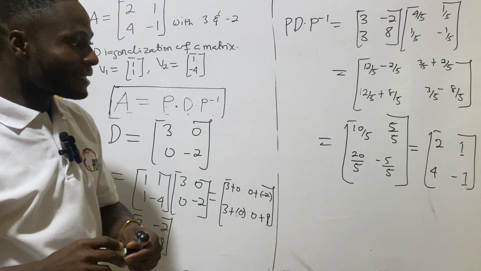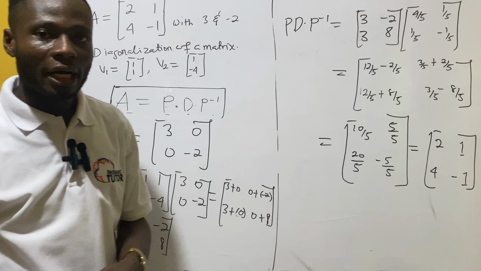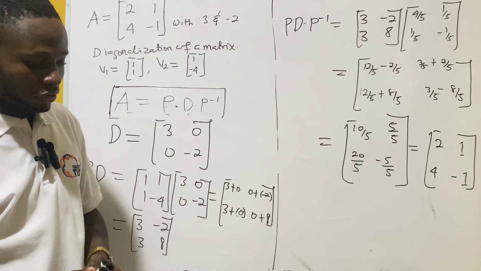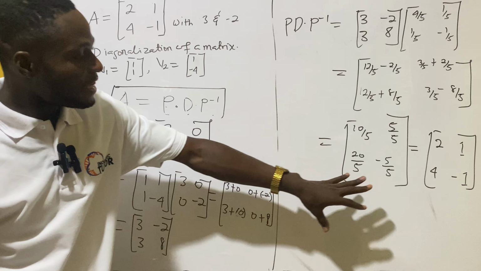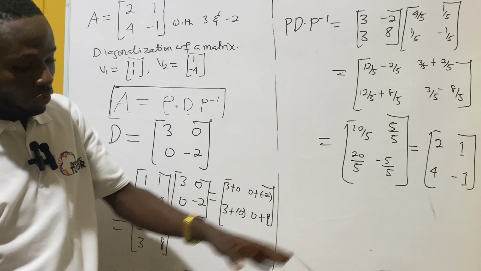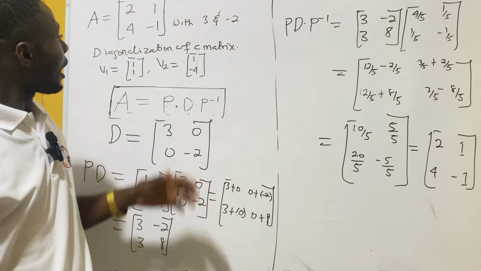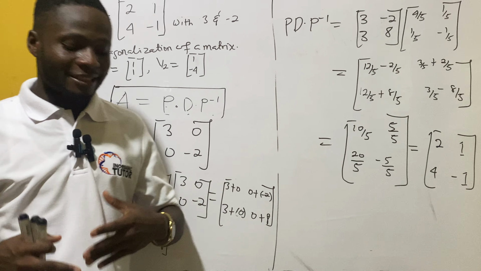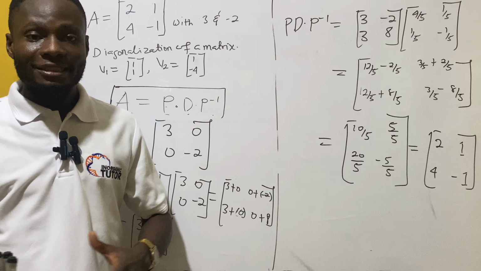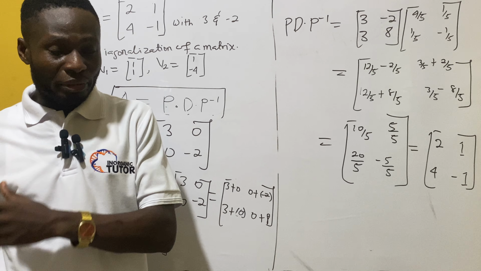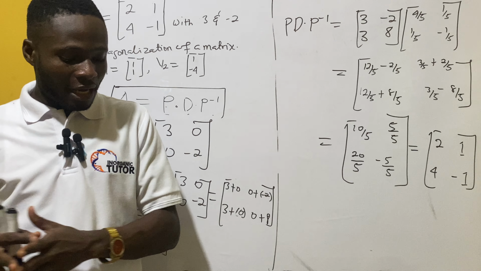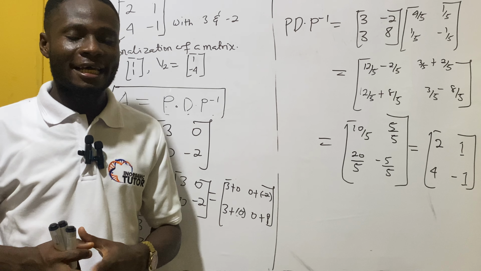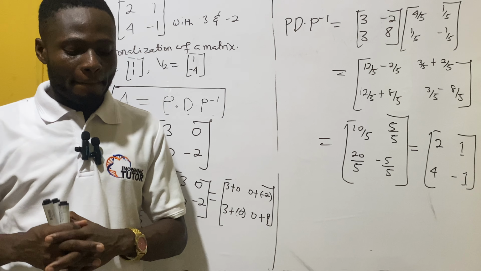So this becomes our matrix. Since we have been able to successfully express A as PDP inverse, we confirm that A is indeed a diagonalizable matrix.